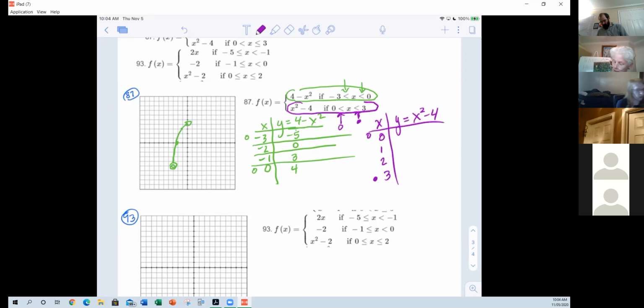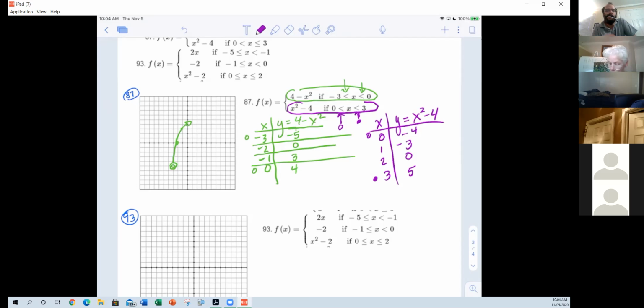0 squared minus 4 would be -4. 1 squared minus 4 would be -3. 2 squared minus 4 would be 4 minus 4, which is 0. And 3 squared is 9, minus 4 is 5. So I'm going to plot those points.